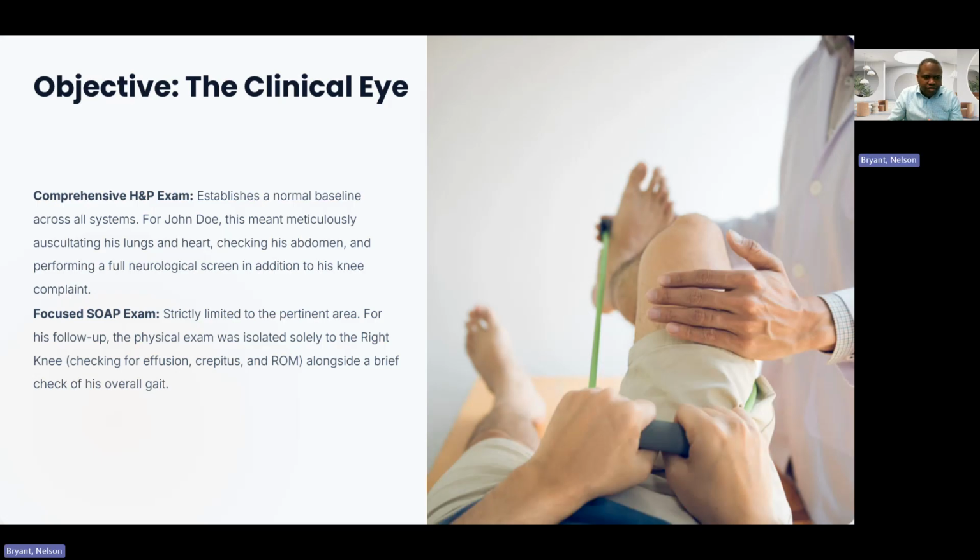But for the follow-up, when we are using the sub-note template, the physical exam was strictly limited to the right knee and gait because we want to find out whether he's doing better. It's not that we are ignoring his cardiovascular or respiratory systems, but we are now more interested in what's going on with his knee.